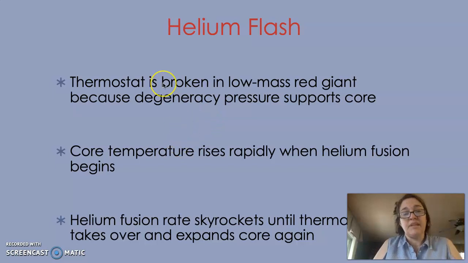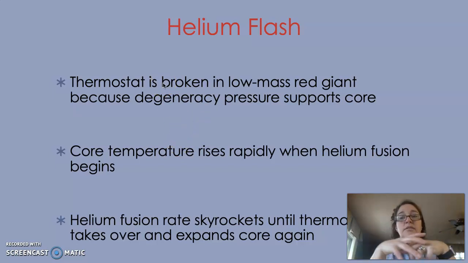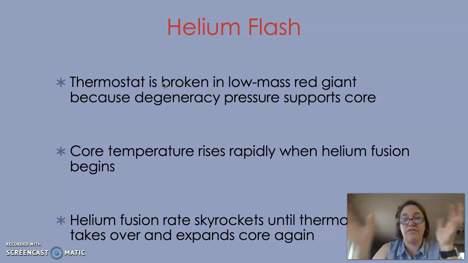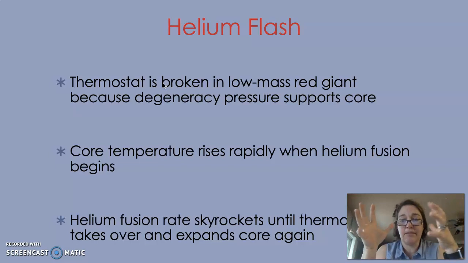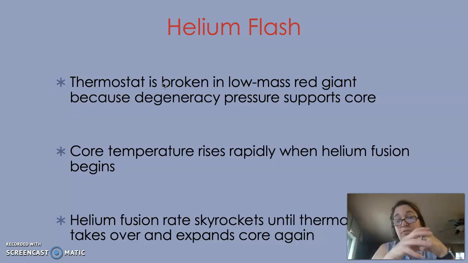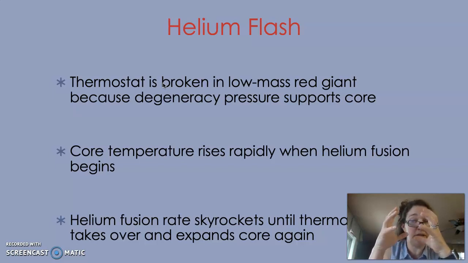And so as the star begins to run out of hydrogen, the thermostat, that equilibrium that allowed it to just sit there and slightly pulse, the thermostat's broken, and degeneracy pressure is what's supporting the core. The particles in the core are saying, no, I don't want to talk to you.